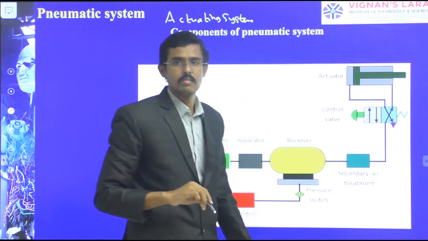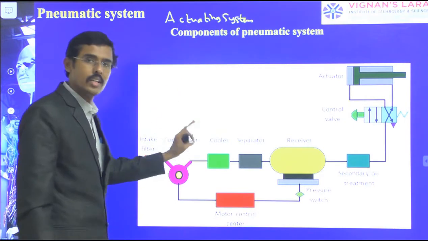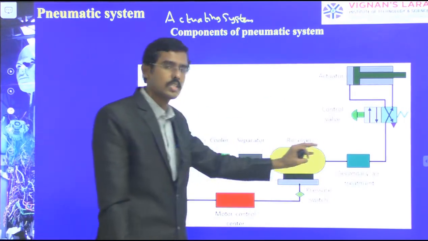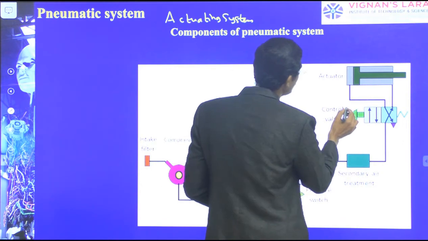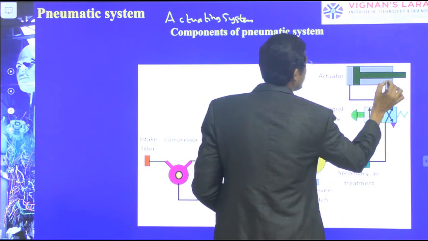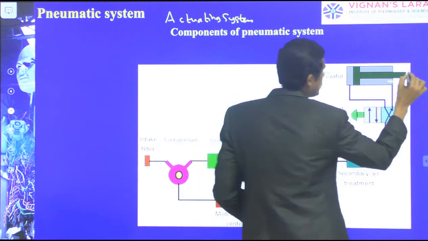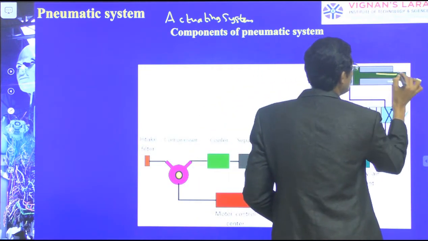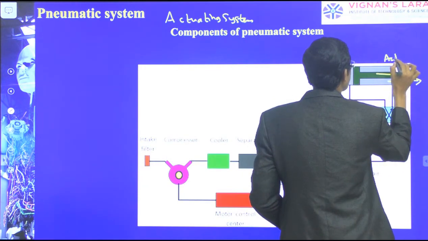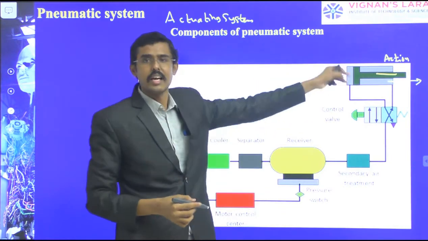So this is the total circuit of the pneumatics. The air circulation is compressed here and operated through the control valve to make the action, so that it can move. The action taking place here is the movement of this piston.